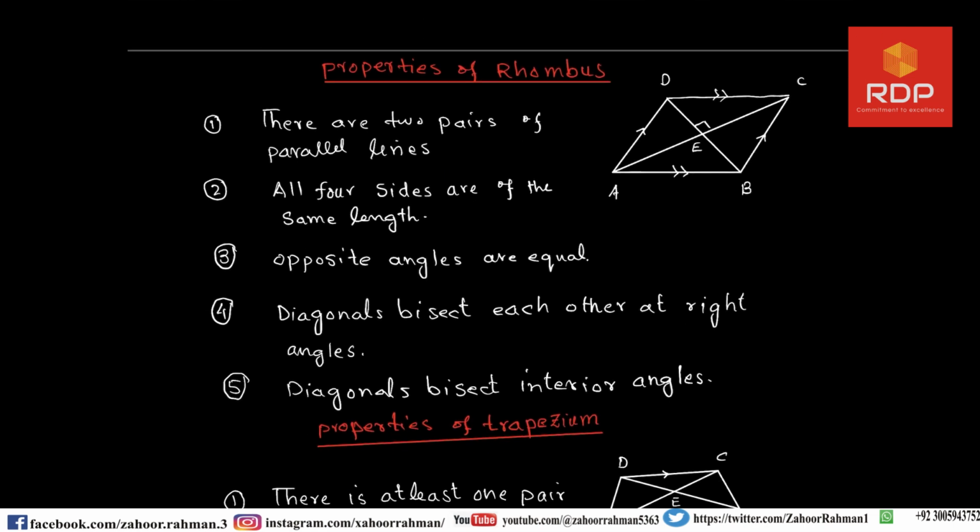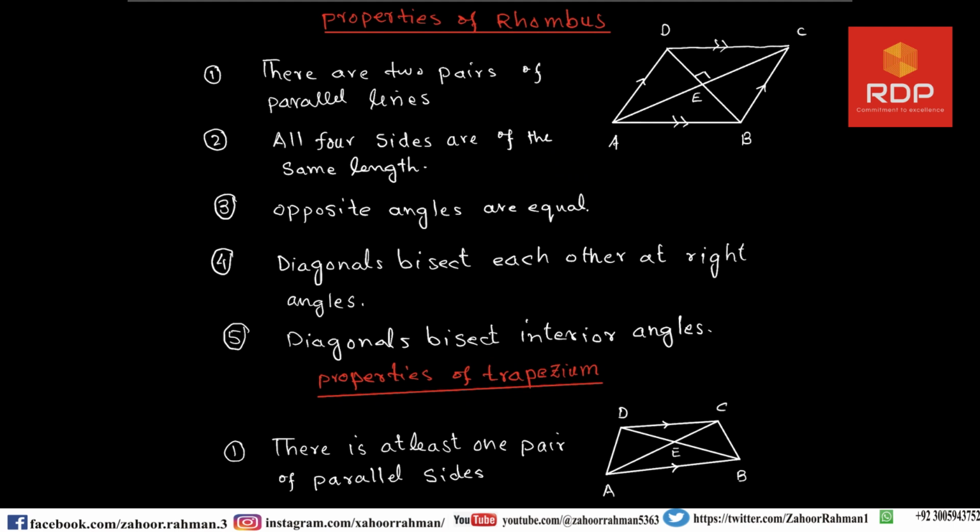Now let's turn our focus to the second quadrilateral of today's lecture, and that is properties of rhombus. There are two pairs of parallel lines. You can say that very clearly. The second property is all four sides are of same length.